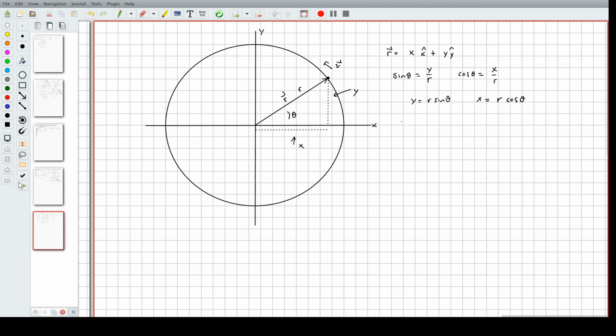So another way that you could write r in terms of things like radiuses, which are more natural when it comes to things moving along a circle, because they form the basis of something called polar coordinates or circular polar coordinates, here would be r times cosine of theta in the x direction plus r times sine of theta in the y direction.